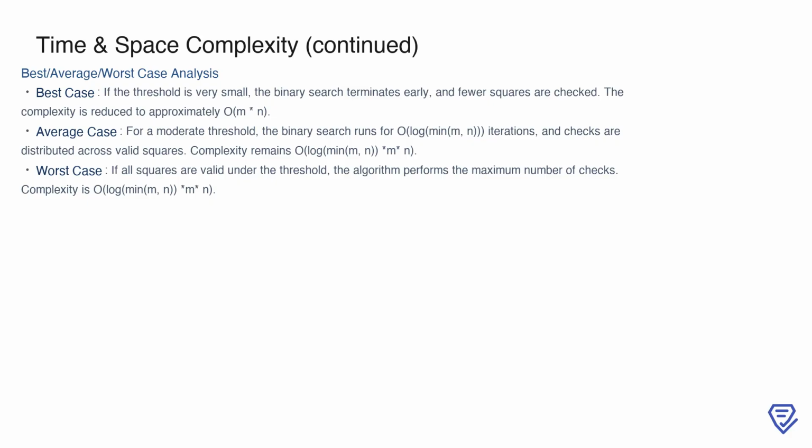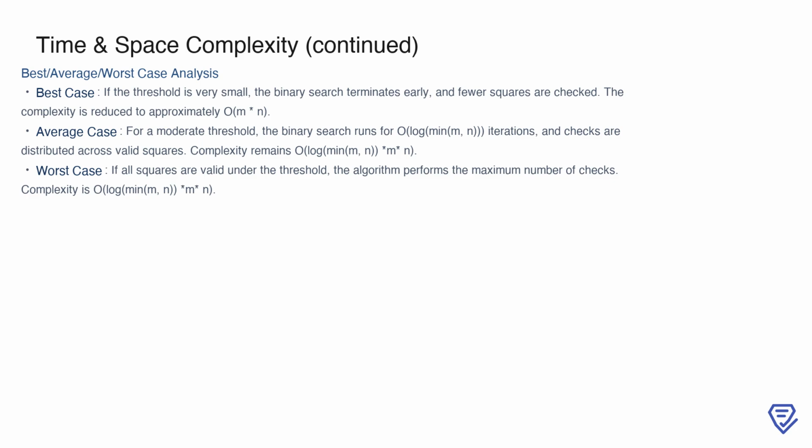This keeps the complexity at O(log(min(m, n)) * m * n). In the worst case, where the threshold is very large and almost all squares are valid, the algorithm performs the maximum number of checks. Even in this scenario, the complexity remains O(log(min(m, n)) * m * n).